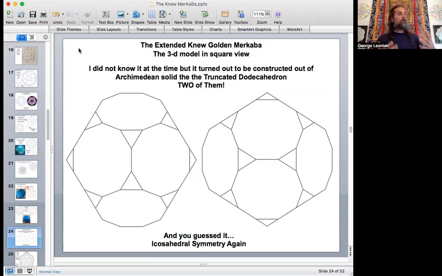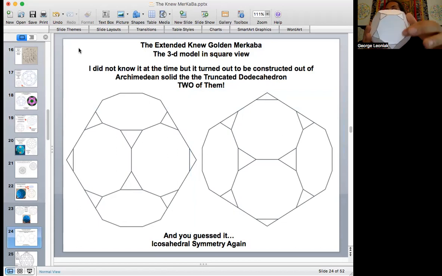But because I was following that blueprint of working with a whole structure, let's say, it created this rather than just one truncated dodecahedron, which was like this. Okay, so that is just one of them. In square view, it looks like this. It's got these 12 big decagon faces, and the 20 vertices are nipped off, so we just get equilateral triangles.